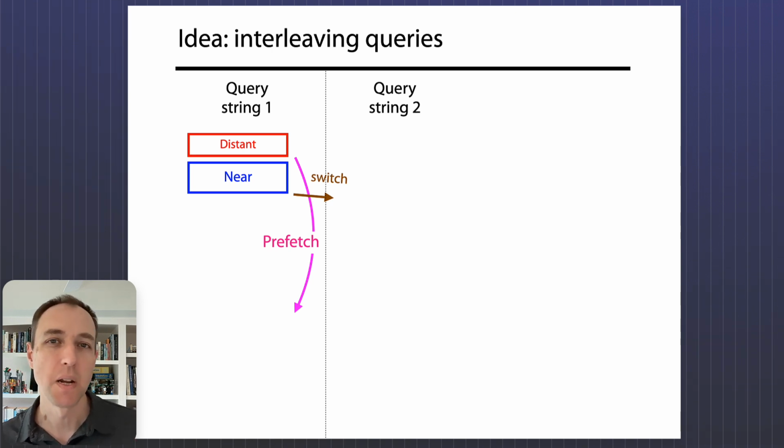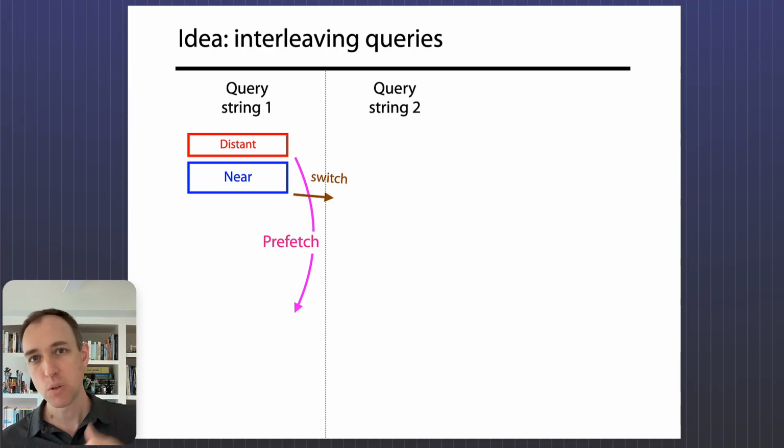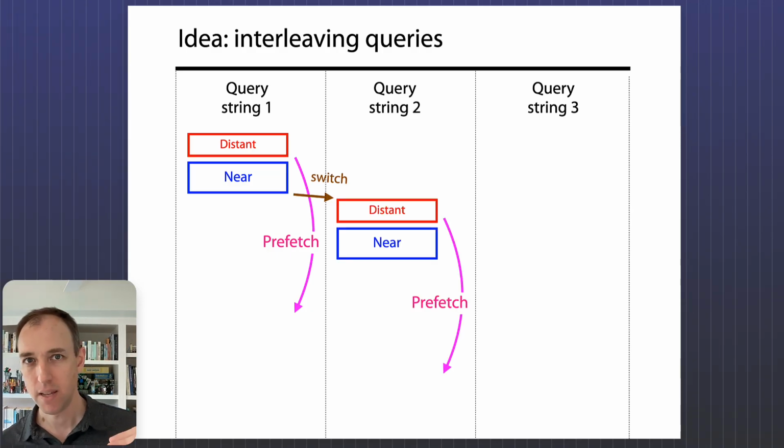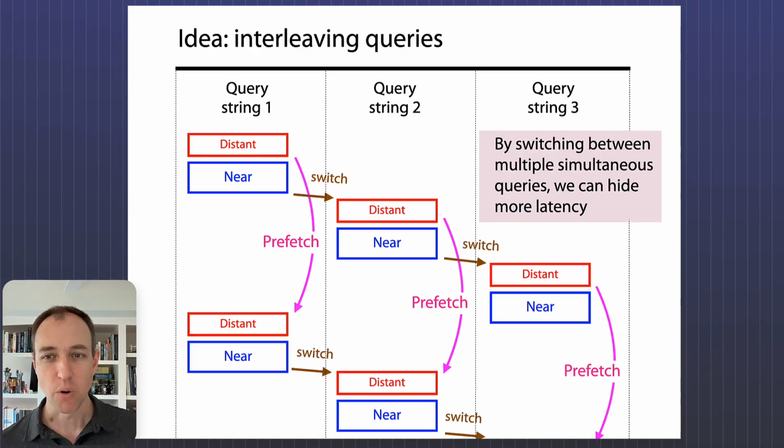Maybe we're in the middle of a match query for another sequencing read. We just switch over to that one and make a little progress on that matching process, again till we get to the point where we've issued the prefetch and we've done all the work that we can do in the meantime. So we switch to yet a third query and so on.